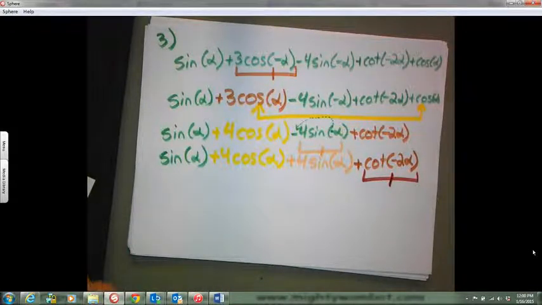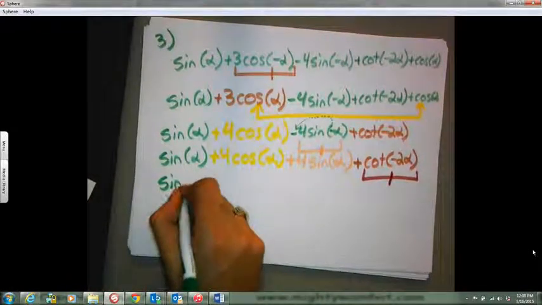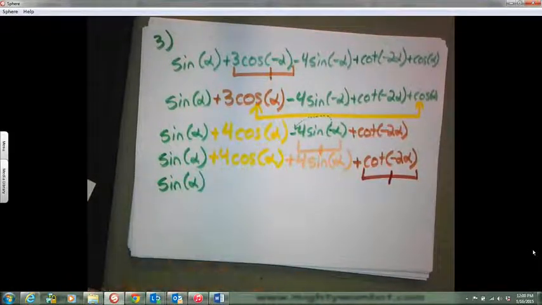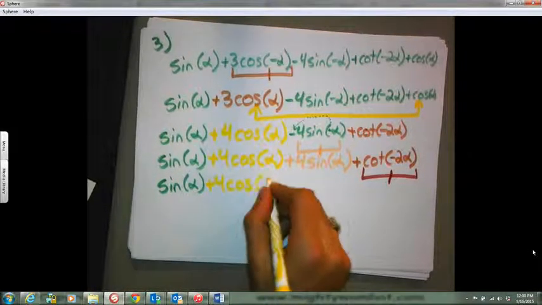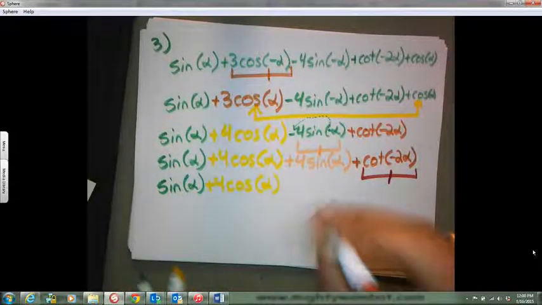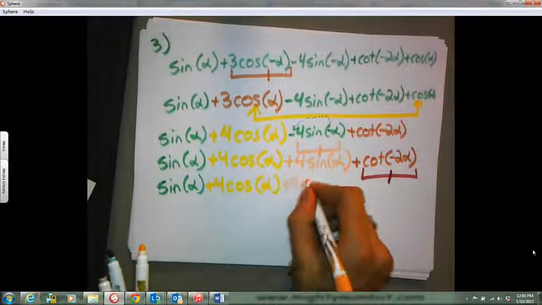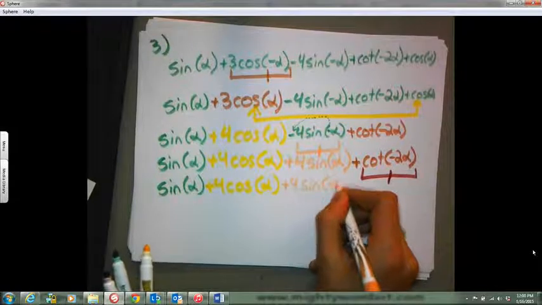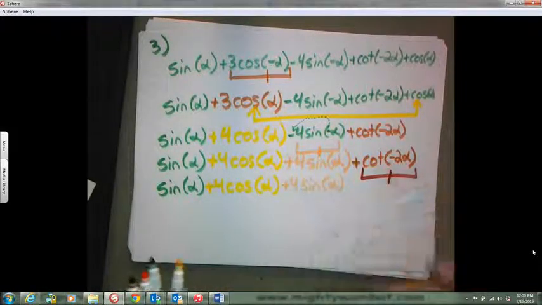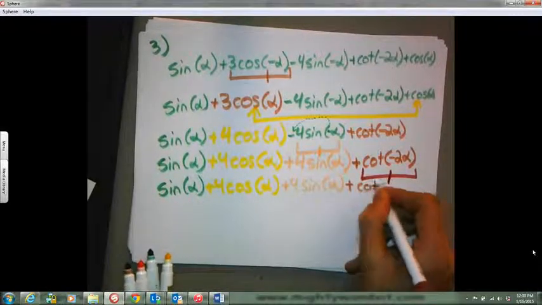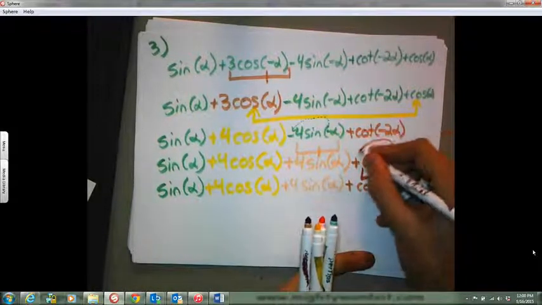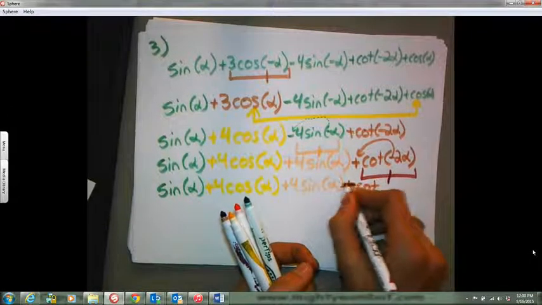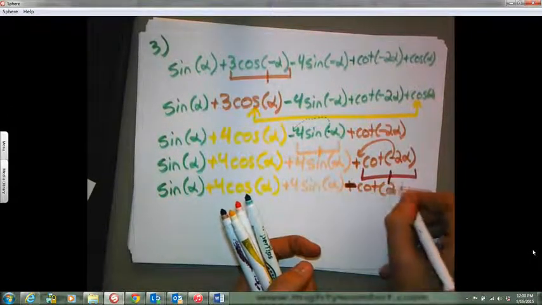So, sine alpha plus 4 cosine of alpha plus 4 sine of alpha plus cotangent. But what should I do here? Cotangent is odd. This needs to come outside, so this should be minus cotangent of 2 alpha. Cotangent is an odd function. The negative needs to come outside.